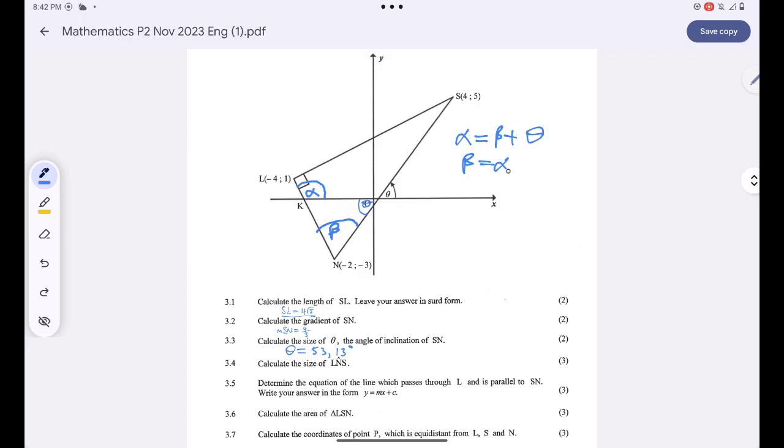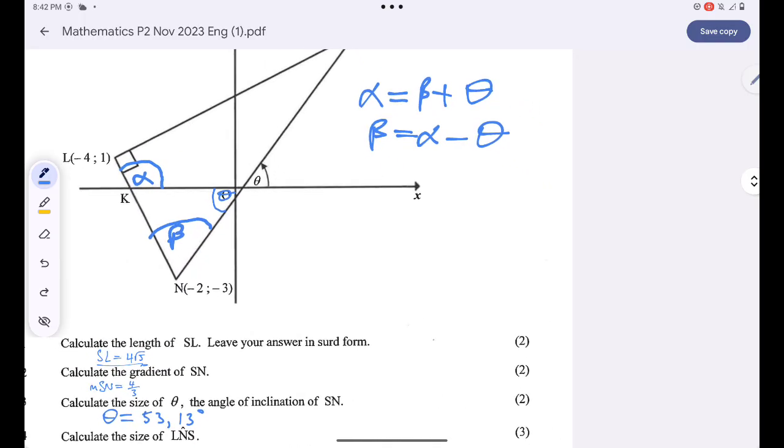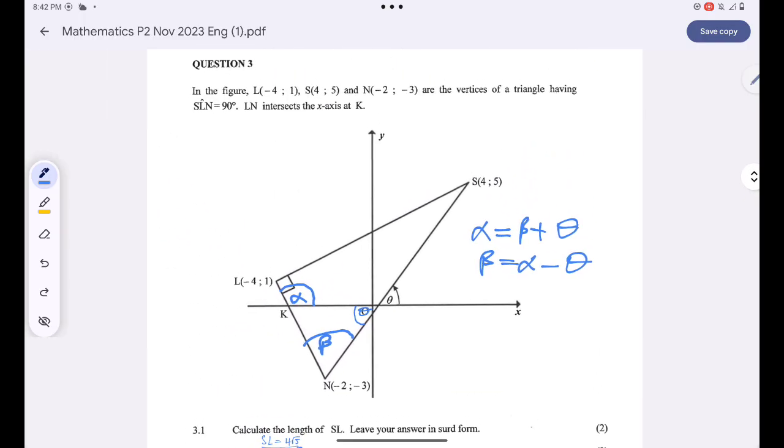Beta will be alpha minus theta. Are you together? So always, guys, if you see what's happening, and they want you to find the angle between two straight lines, just find the angle of inclination of those two lines, and then subtract those inclinations. Okay, we already have the size of theta. We only need to find the size of alpha, right?